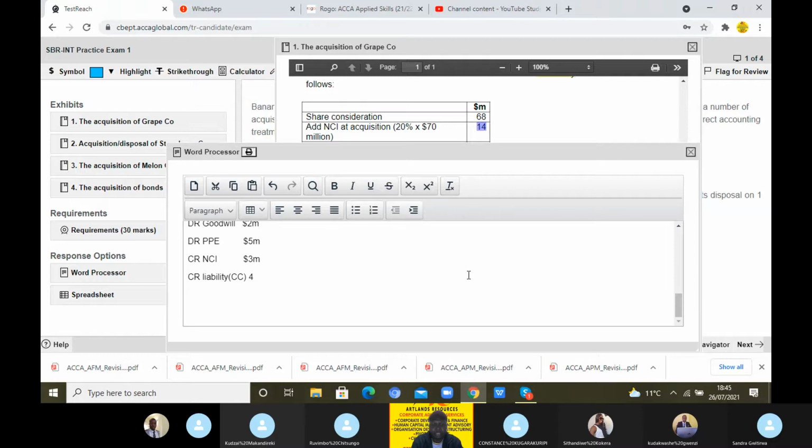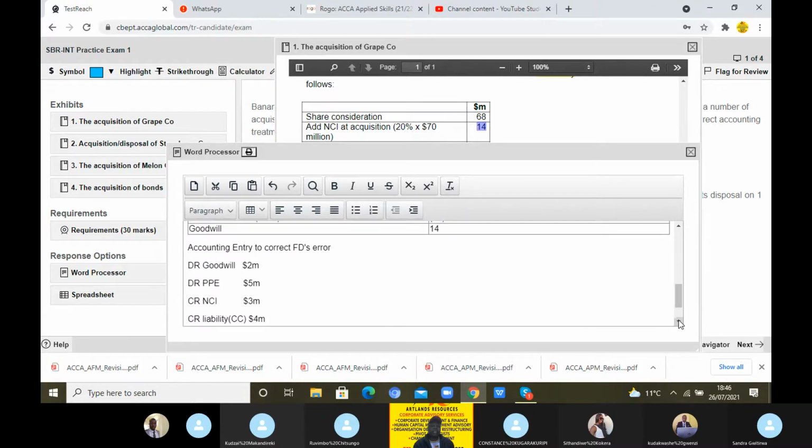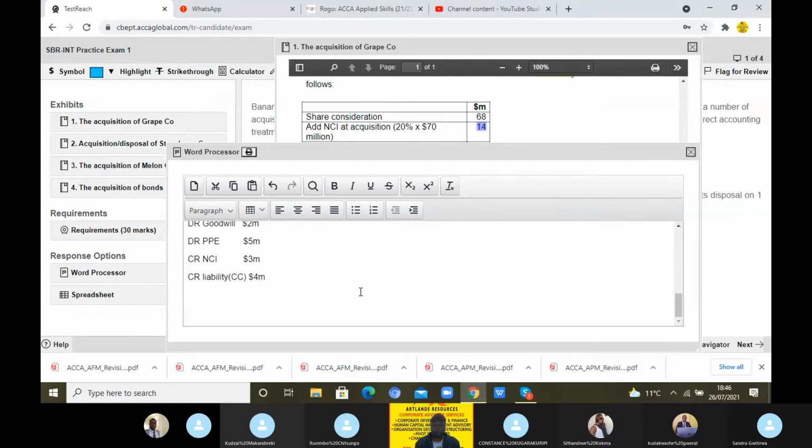So you can now see after we have done this, we have corrected the finance director's error. Our journal is balanced. It's a single entry like this. As it is, don't begin to give narrations here, because the narration is already there. Accounting entry to correct finance director's error. That's the narration for this entire journal. Right. So there you go.